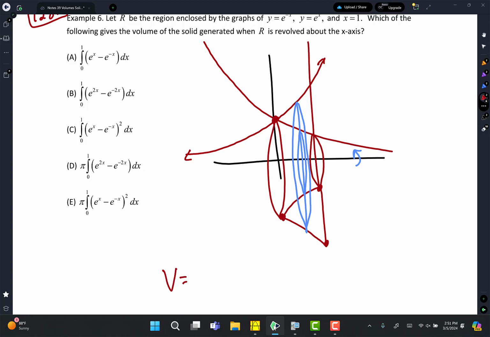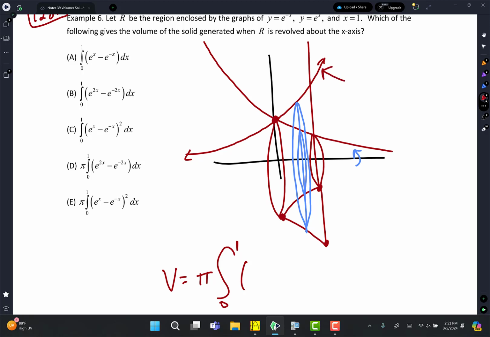Volume equals pi, on the outside, it's a washer, guys, integral. What's my lowest x value? 0. What's my upper x value? 1, because it's going from 0 to 1. The first R, the big R, is the distance from the x-axis way up there.